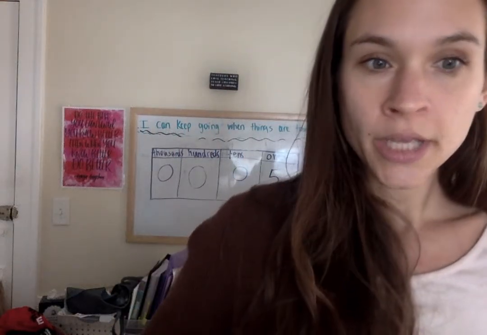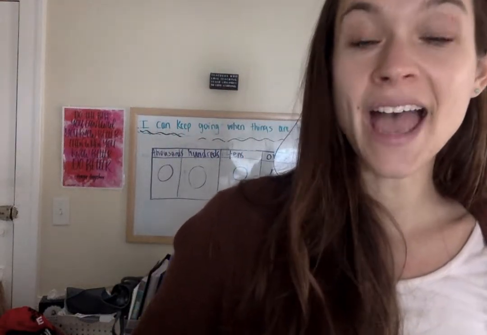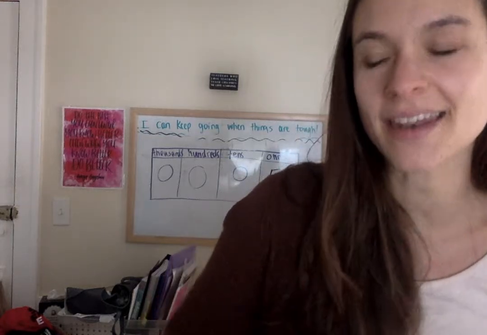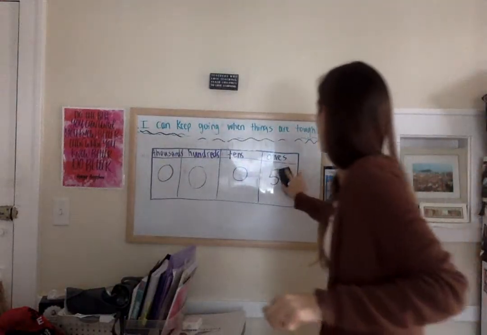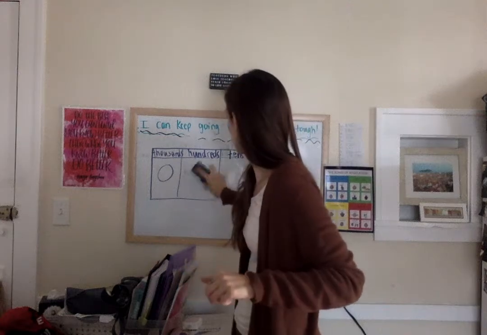Okie doke. We are going to do the number 10 now. The number 10. Use base 10 blocks to build the number 10. Did you have a chance to do it? Here it is. Could you also get 10 ones?